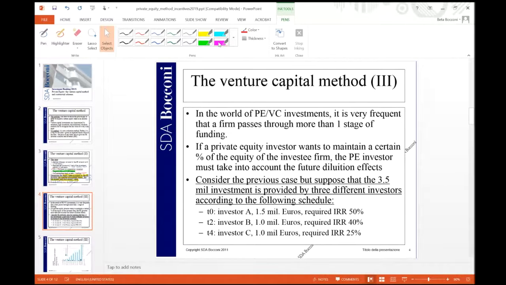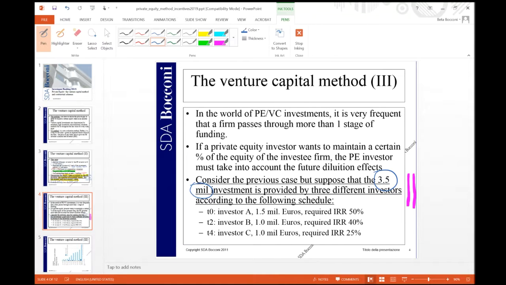And in particular, I want to draw your attention to, again, a slight modification of our previous example. Suppose that the company is looking again to a fundraising of 3.5 million euros. So our objective as the company is to find in the market investors willing to deploy an amount of 3.5 million euros in our company.